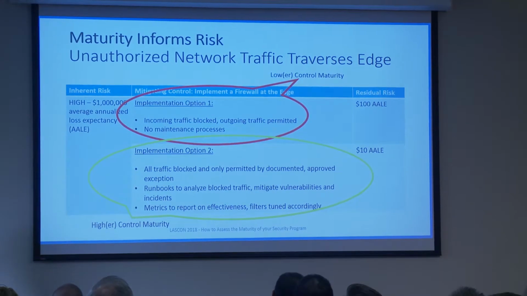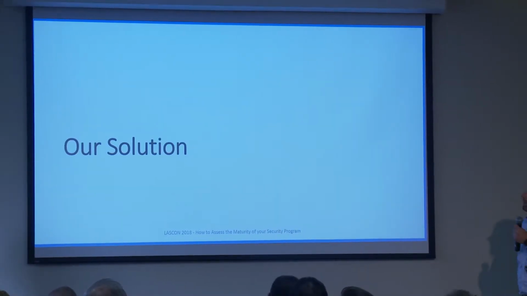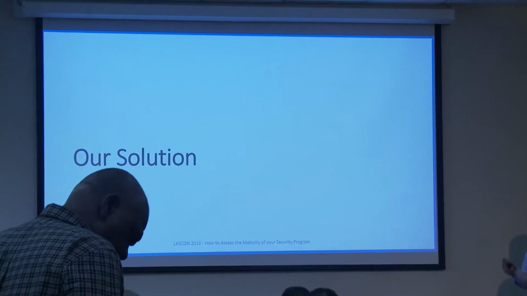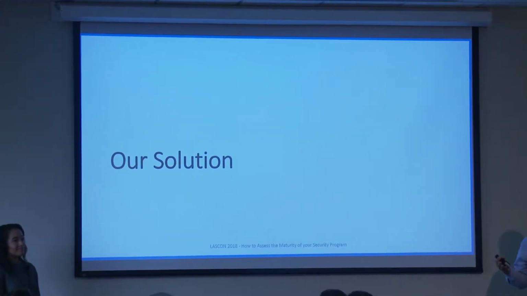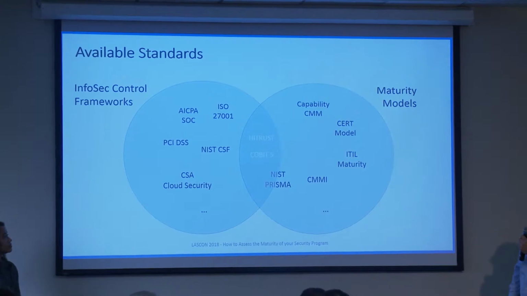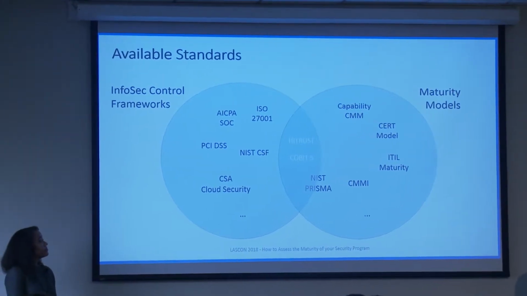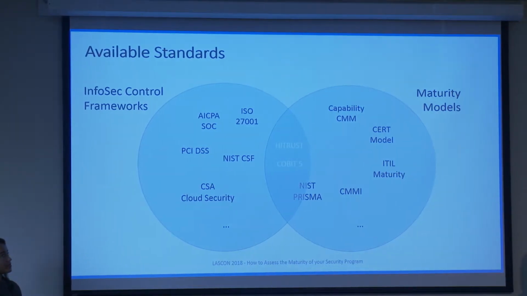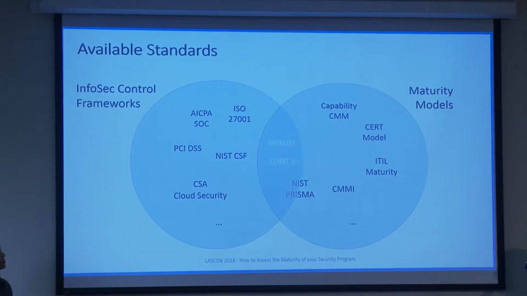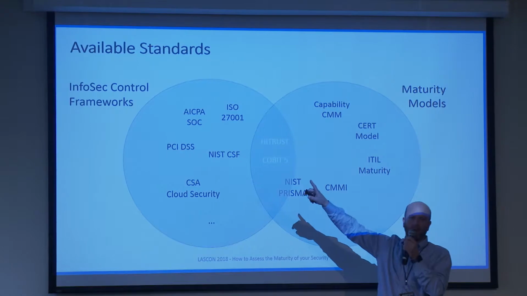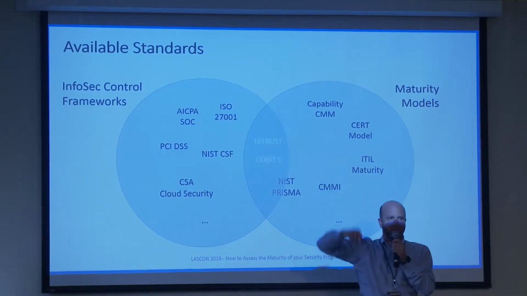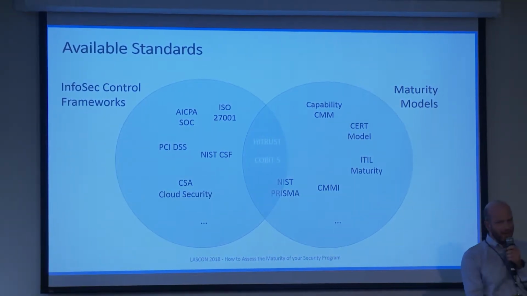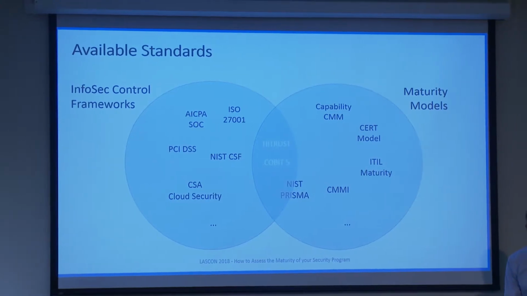So going forward from there, what did we actually come up with to look at maturity of our controls? There's a lot of standards out there. Those of you in the compliance world know a lot of these acronyms. There's frameworks that give you lists of security controls to implement that you can use as your baseline.